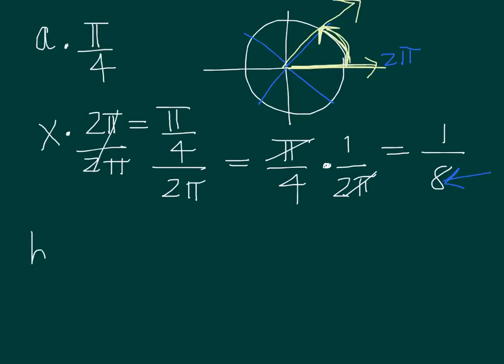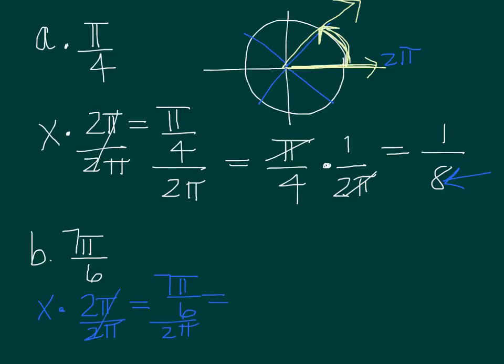Okay, let's try another one. What if it was 7 pi over 6? Use the same concept. What fraction of 2 pi is equal to 7 pi over 6? You divide by 2 pi, or you can multiply by the reciprocal, which gives us 7 over 12.